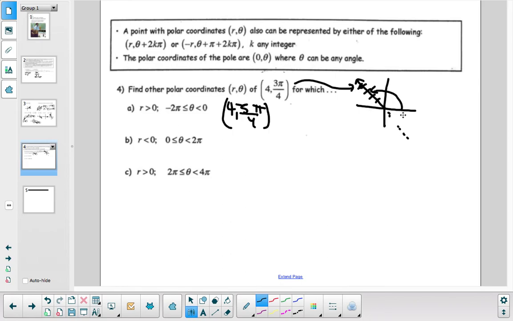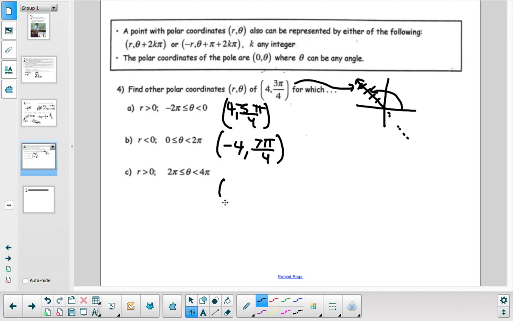Basically 2 pi minus pi over 4 is going to get us to that spot. Then when we flip, we're in the correct spot. So -4 is our radius. We want it to be negative. And then we want 7 pi over 4 to get us to this position. Once we apply that negative radius, it gets us back.